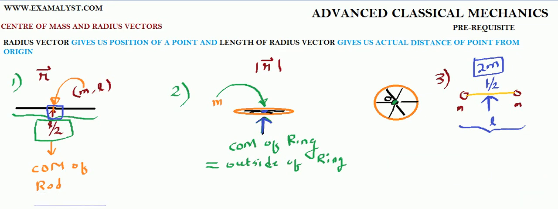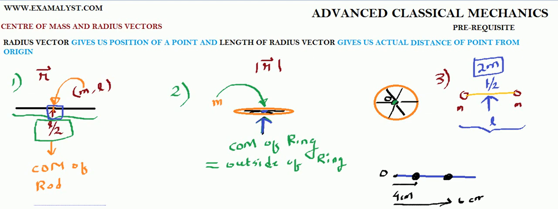But if I ask you, consider the x-axis, and on the x-axis there are two balls. One ball is at a distance 4 centimeter from the origin, and another ball is at a distance 6 centimeter from the origin.